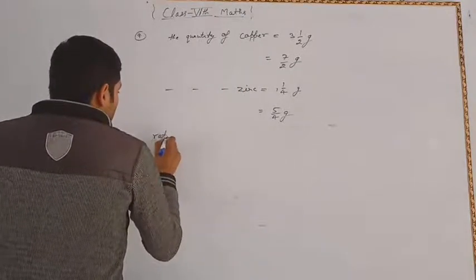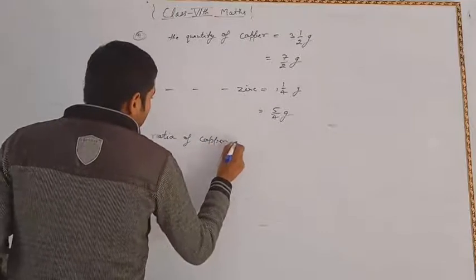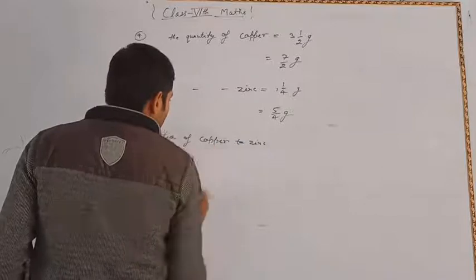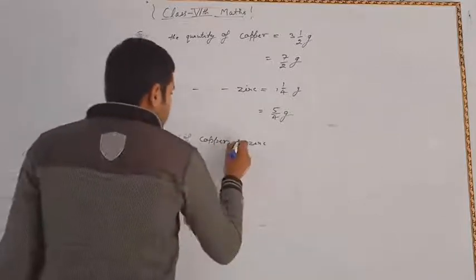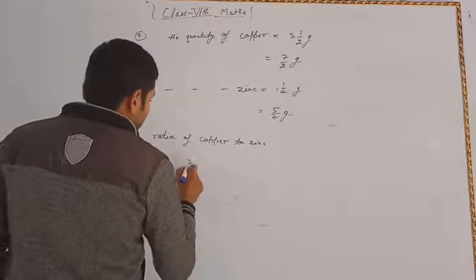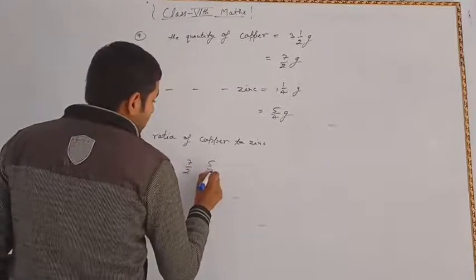So the ratio of copper to zinc is equal to 7 by 2 ratio 5 by 4.